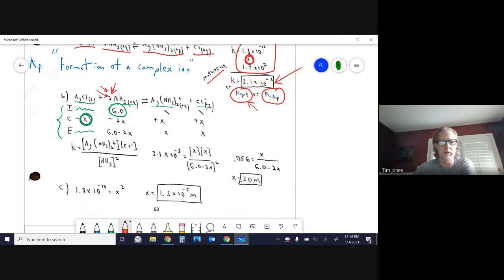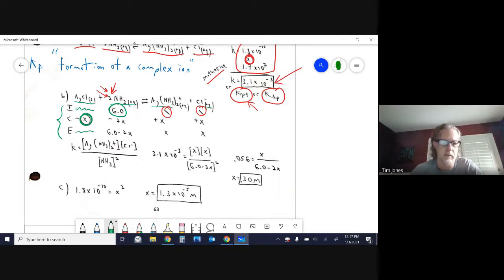You don't factor that 2 in. This 6 molarity, that's the concentration of the ammonia. The fact that the reaction consumes 2 of them, that hasn't even happened yet. This is before this equation happened. So just take the 6 as it was given to you. These were nothing before. And then just fill out the chart.